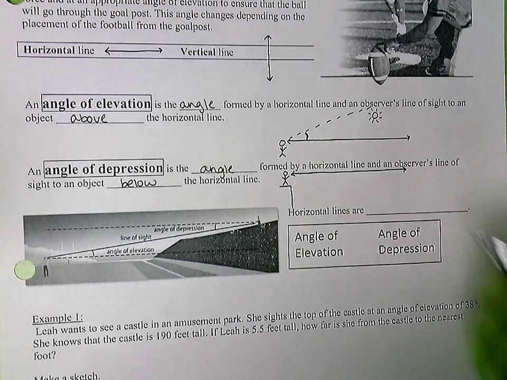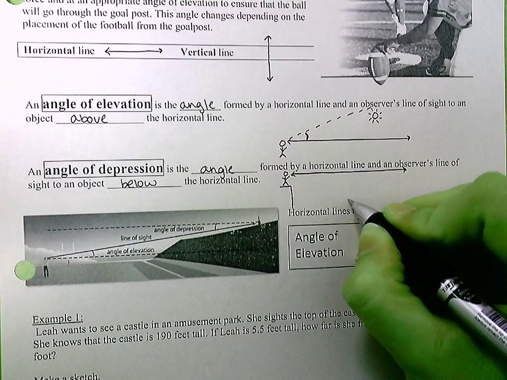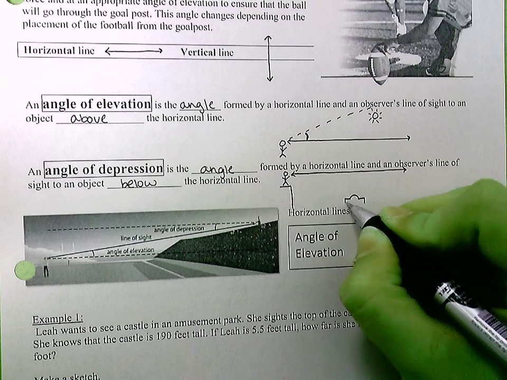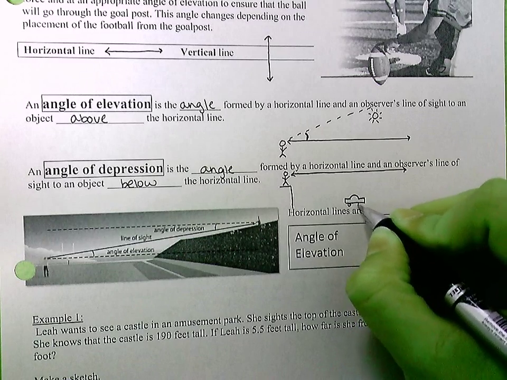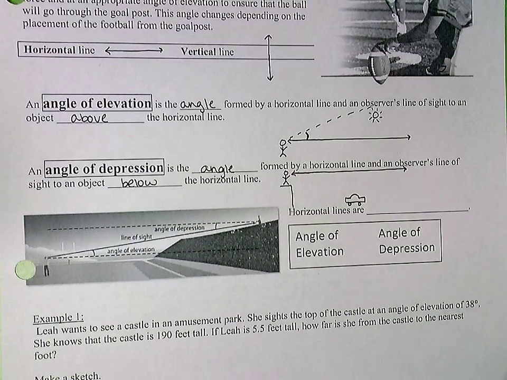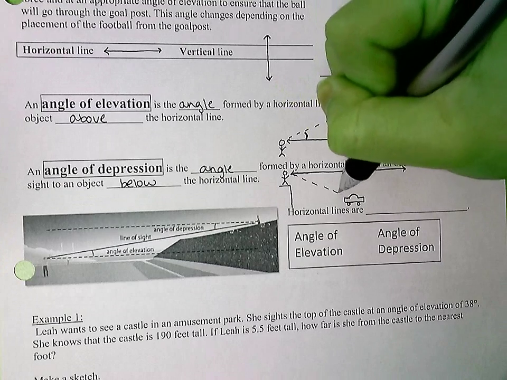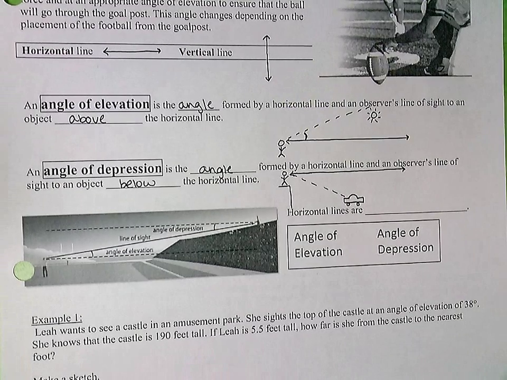Now say they're looking down at a car. I'm not going to draw a seagull. This is the car. So they would be looking down this way towards that car.